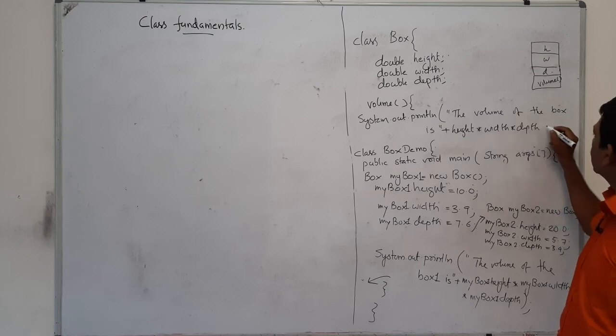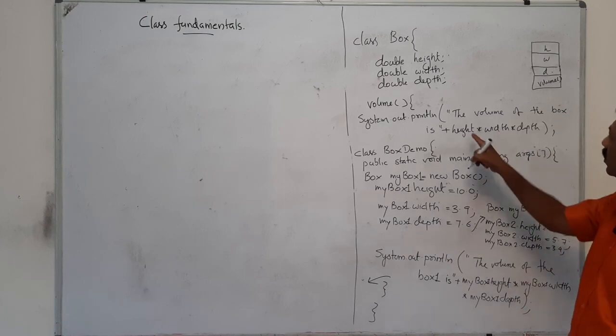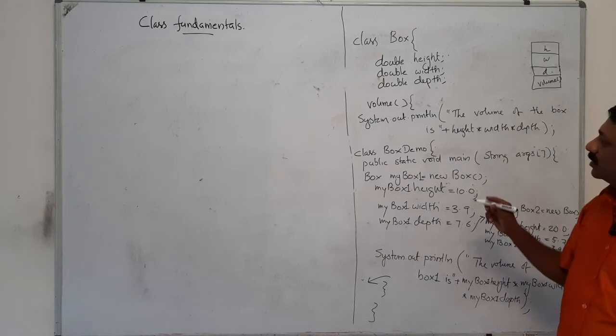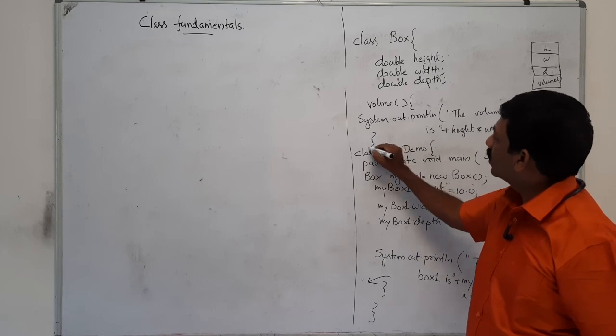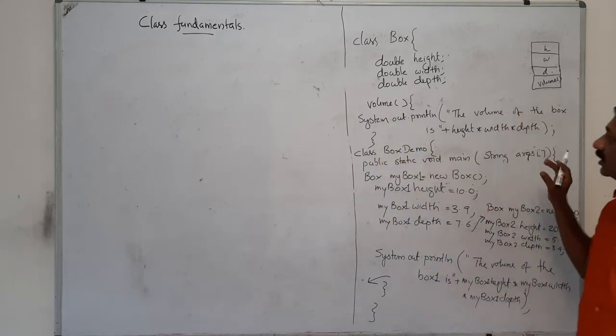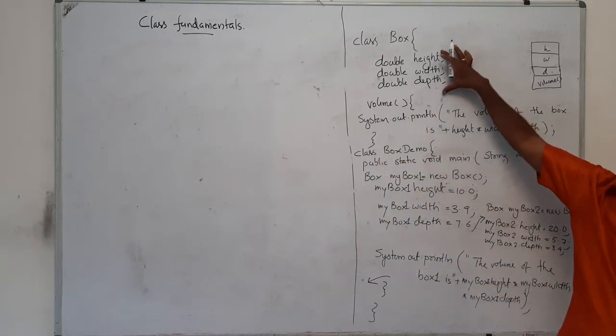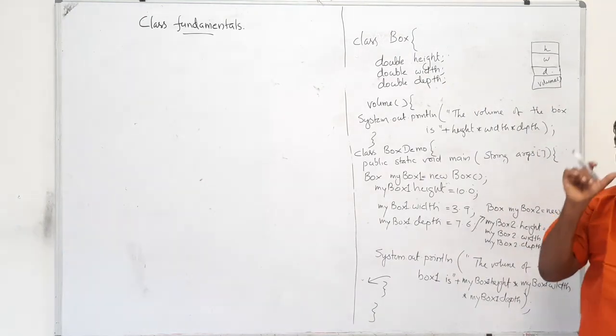So when the volume method is called, the object prints the volume of the object which is referenced.